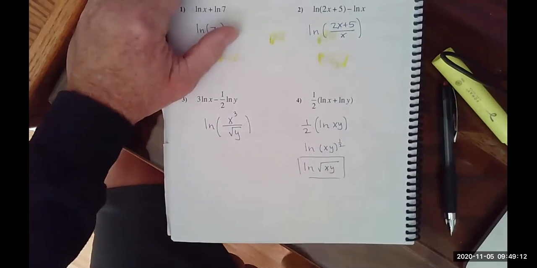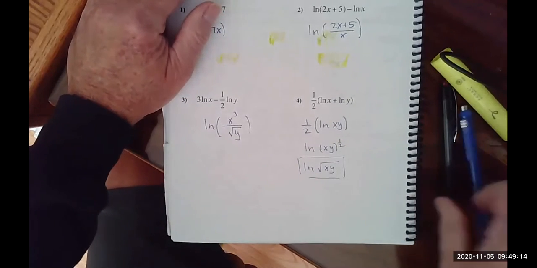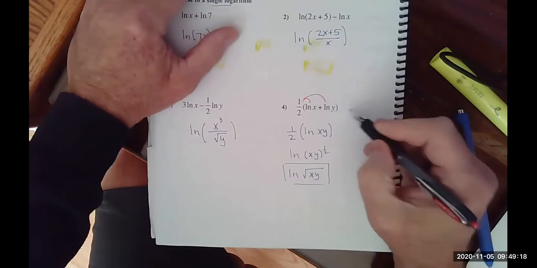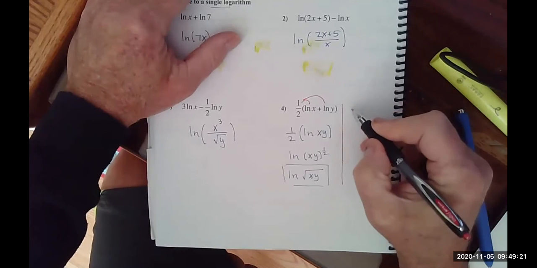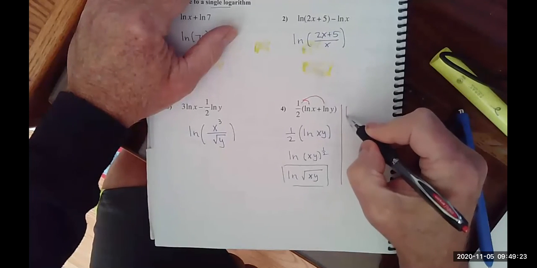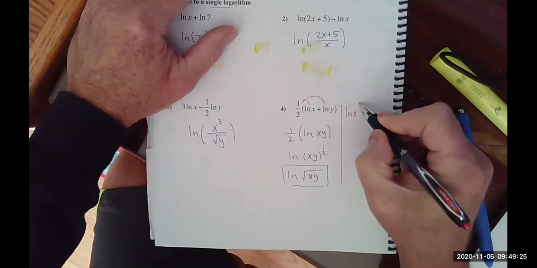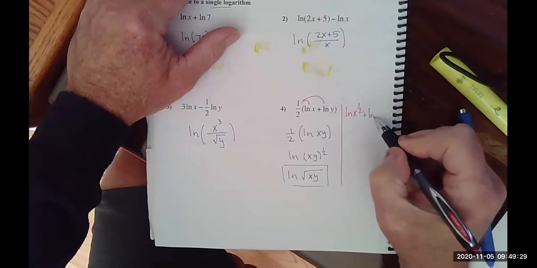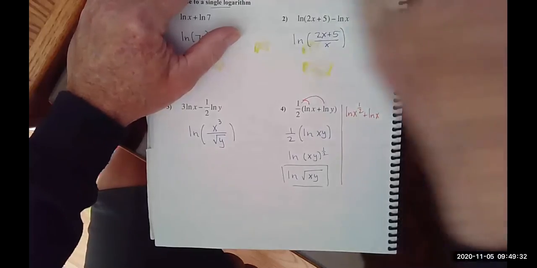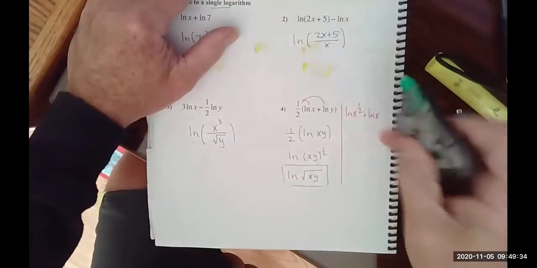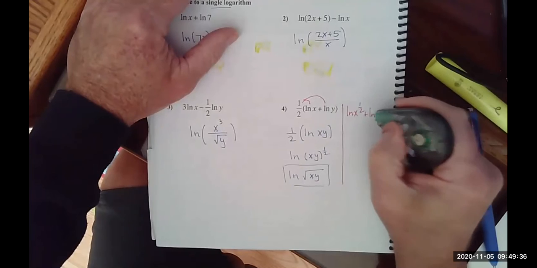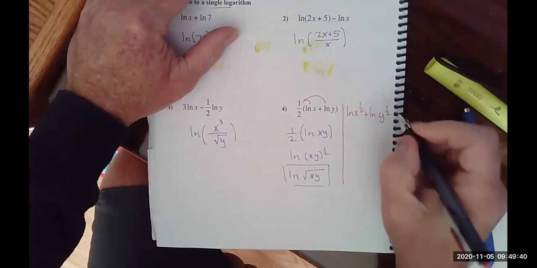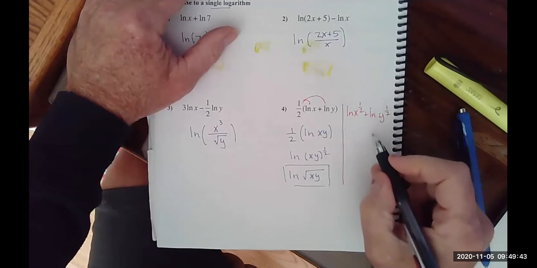You know what? I might stand corrected, at least for this. I said you can't do this. Watch. I'll do it in red. I'm just looking at this. I'm thinking, why couldn't I go ln x to the 1/2 plus ln y to the 1/2? Okay, squish it together.